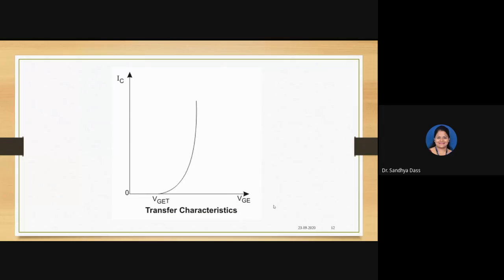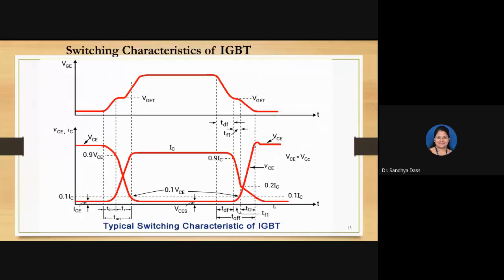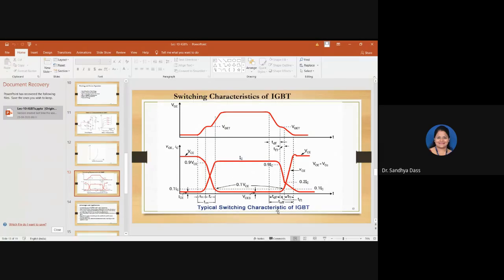Now coming to switching characteristics. Here again, I would like someone to explain, because it is all repetition of the previous devices we have already discussed. Is there anyone who can volunteer? Go through the waveform there. Just see if you are able to interpret the switching characteristics of IGBT.